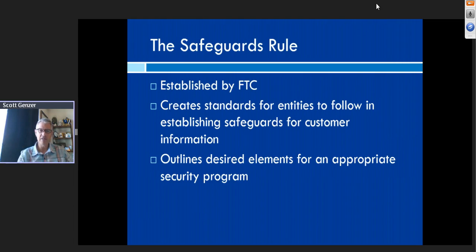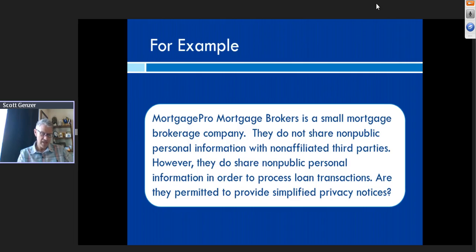All right, and the five elements that they give us: designate an employee or employees to be the coordinators of the program, identify internal and external risk, implement the program, test it regularly to make sure it's effective, and oversight of third-party providers, which includes an obligation for mortgage professionals to ensure that our third-party settlement providers adequately safeguard the information that we provide to them.